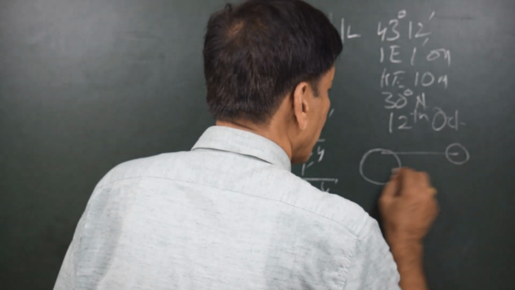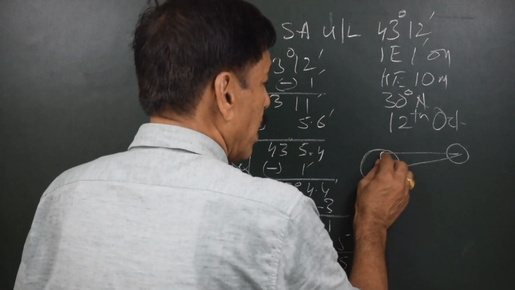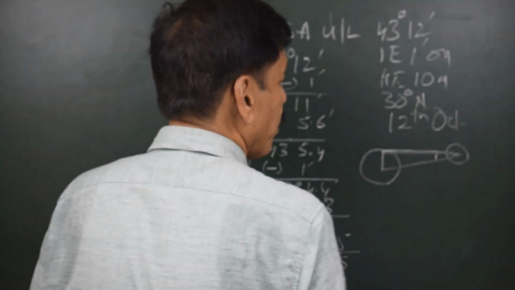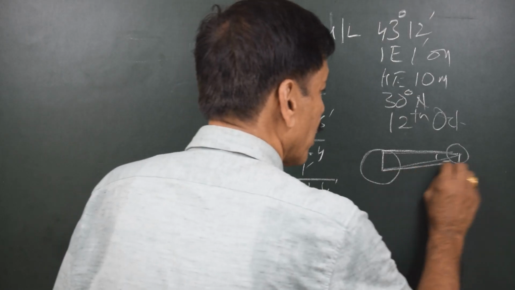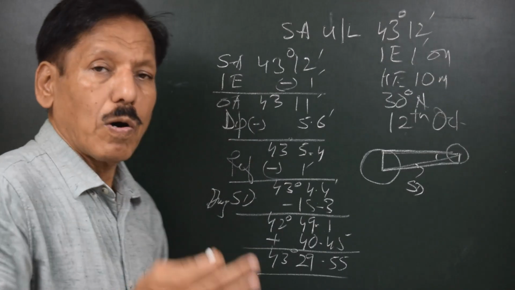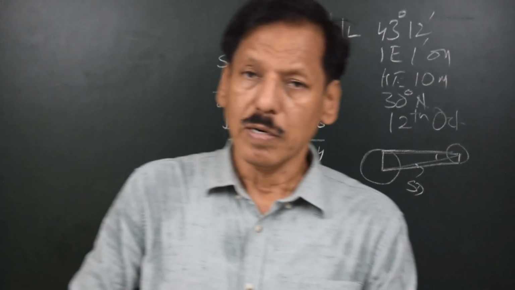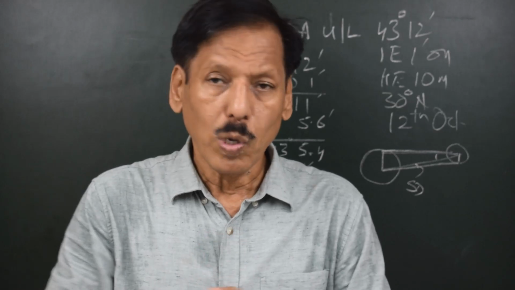If this is the horizontal parallax, then the angle measured from the center of the earth is the semi-diameter. So if the horizontal parallax increases, the semi-diameter will increase. If the horizontal parallax decreases, the semi-diameter will decrease.